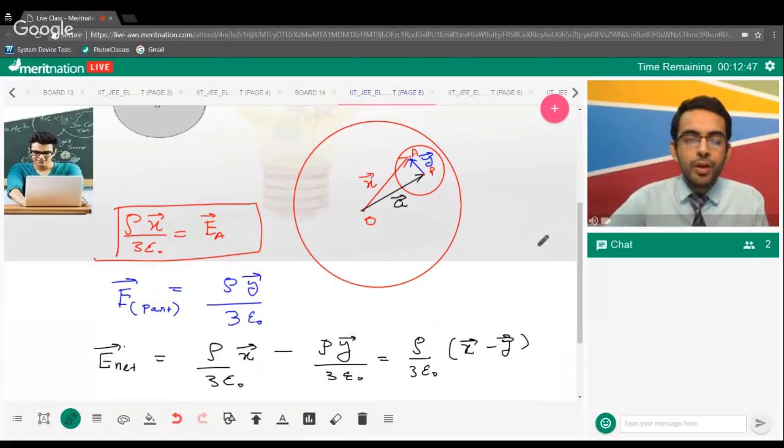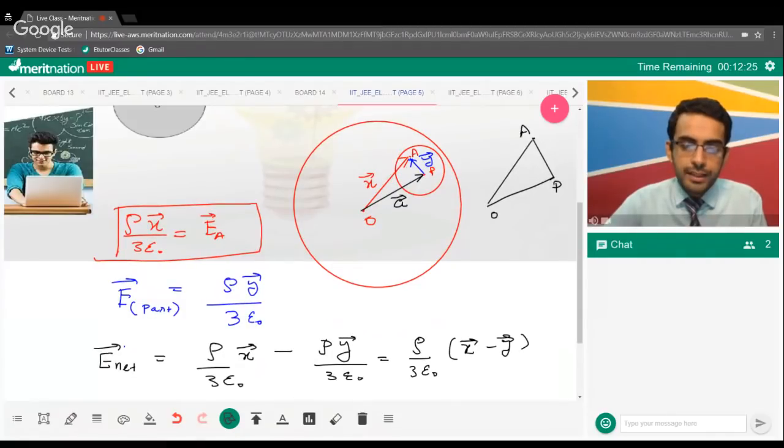If you look at this triangle, this is point O, this is point P, and this is point A. This is your x vector, this is your A vector, and this is your y vector.